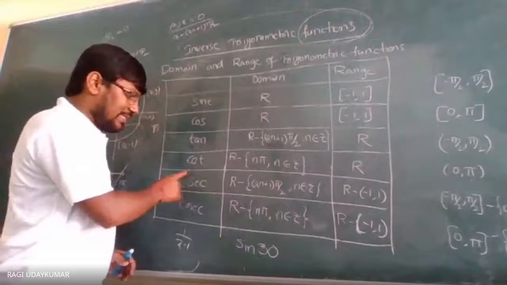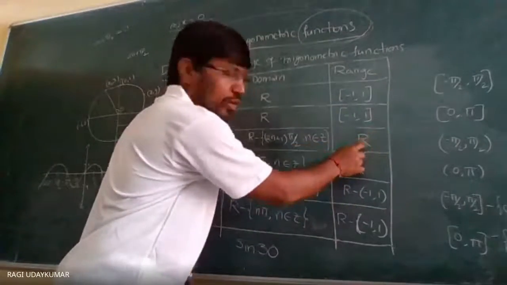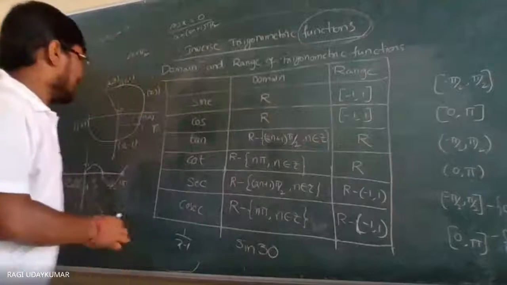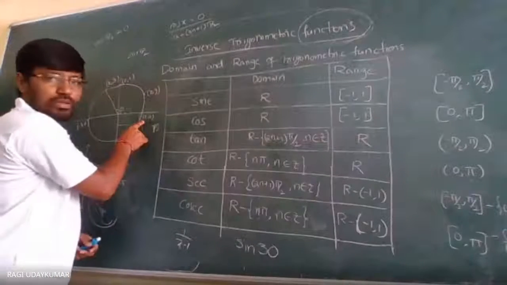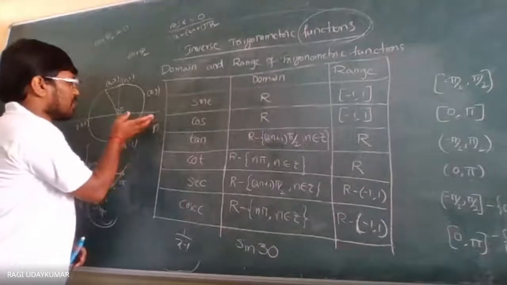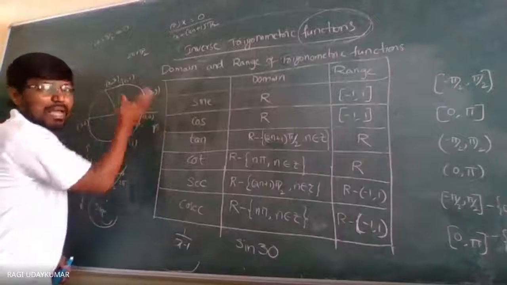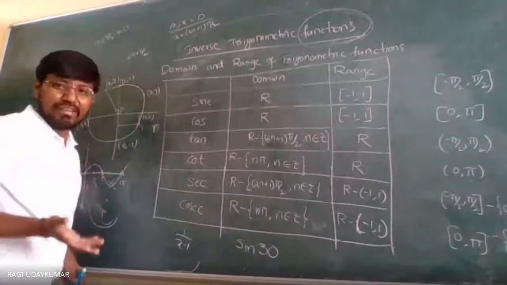In the same way, why do we get any real number? Because at exactly pi by 2, if you take 1 by 0, it is undefined.